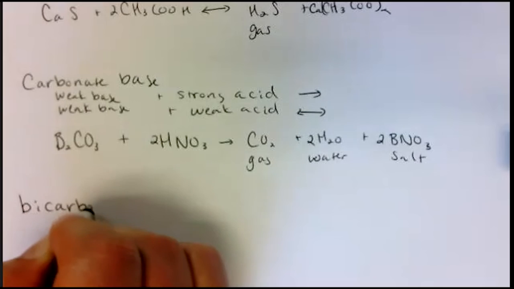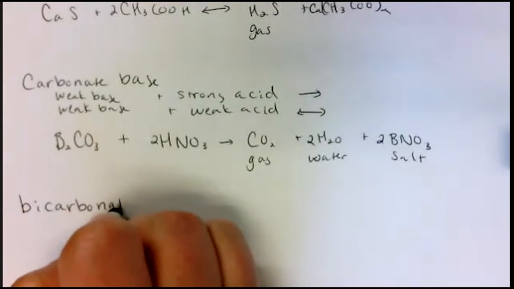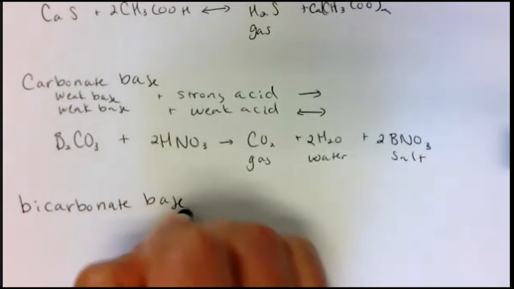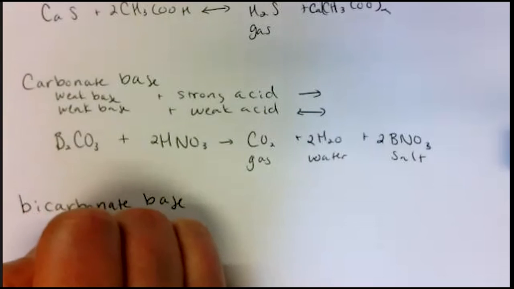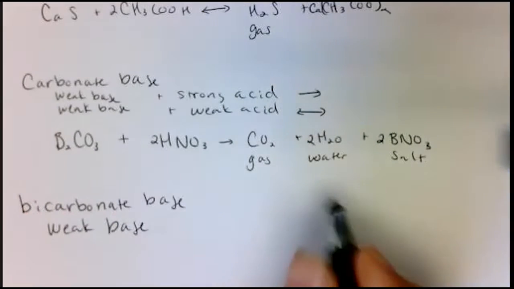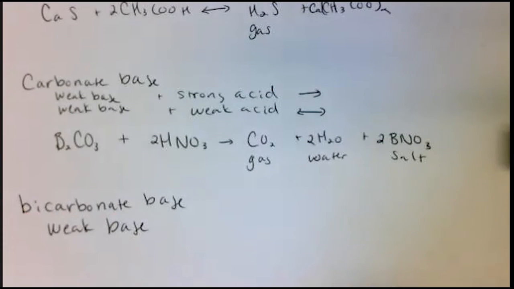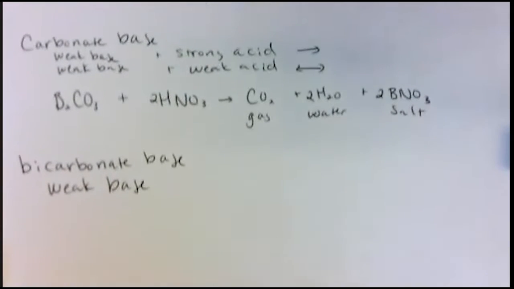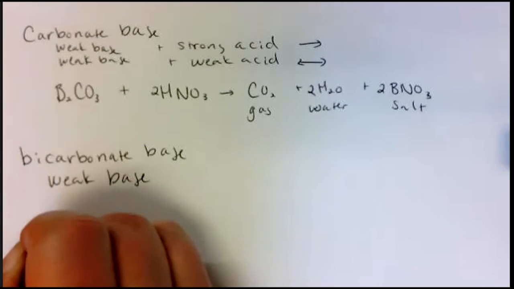Bicarbonate bases. Same idea, we have a weak base. If we're reacting with a strong acid, it'll be a one-way arrow, weak acid, an equilibrium arrow. So I'll do both of them with this one.